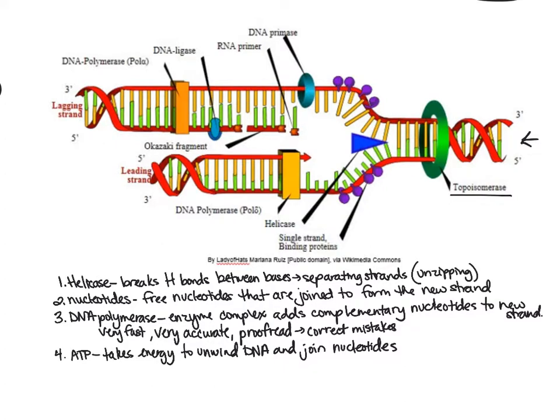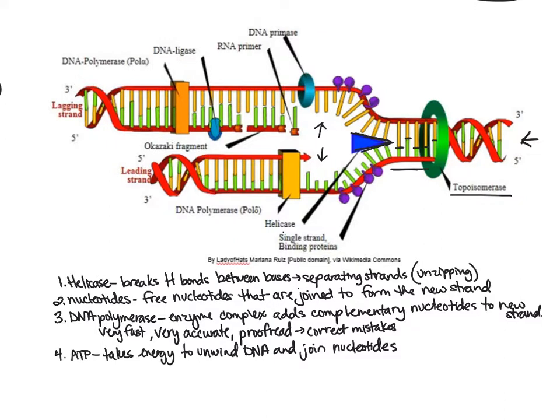Either way, it's going to take out that twist so that we can access this nice, straight, ladder shape of DNA. And that's important because then we have our helicase enzyme come in here, and our helicase is going to break these hydrogen bonds between these base pairs. So in breaking the hydrogen bonds, we're going to end up with 2 separate strands.